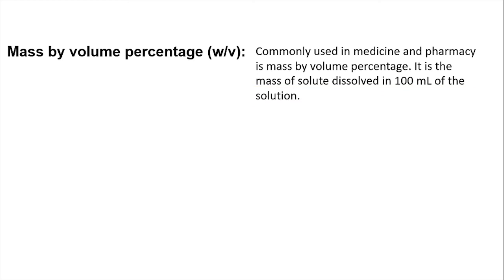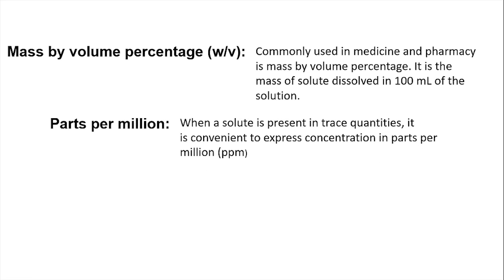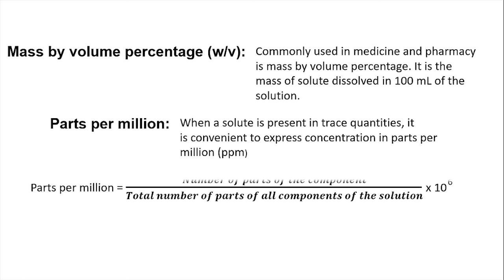Parts per million. When a solute is present in trace quantities, it is convenient to express concentration in parts per million, that is ppm. It is defined as the number of parts of the component divided by the total number of parts of all components of the solution, multiplied by 10 to the power 6. As in the case of percentage, concentration in parts per million can also be expressed as mass to mass, volume to volume, and mass to volume.